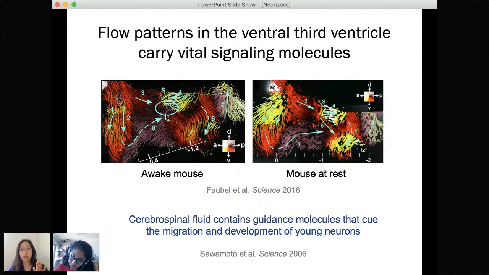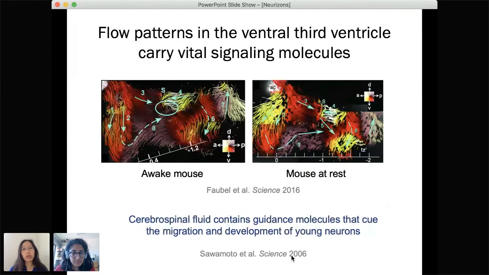In one case you see some kind of whirl, in the other case you see a more straight flow. And we know that the cerebral spinal fluid transported in these brain tissues contains guidance molecules that cue the migration and development of young neurons, as in this paper, but also as we saw in Esther Stokely's talk.